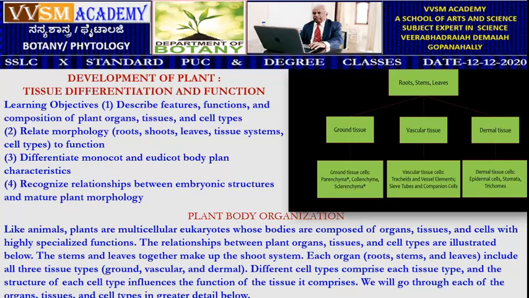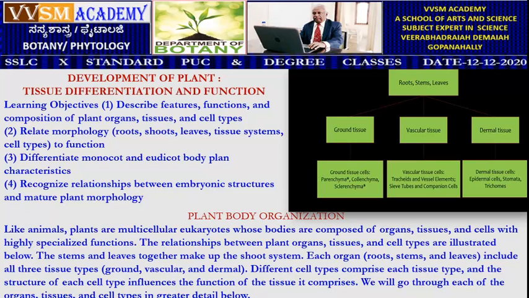Plant body organization: how the organization takes place in living organisms. Like animals, plants are multicellular eukaryotes whose bodies are composed of organs, tissues, and cells with highly specialized functions. The relationships between the plant organs, tissues, and cell types are illustrated below. The stems and leaves together make up the shoot system.